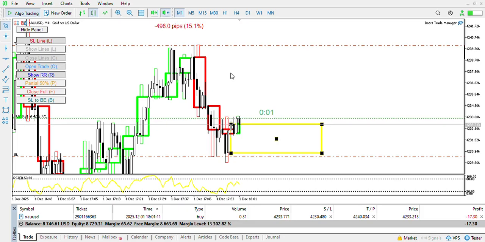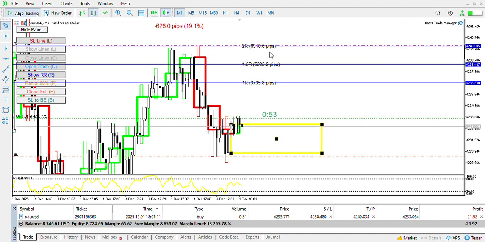I know my system, and normally my system gives me a 1 hour trade. So I'm not bothered by this resistance or anything. I'll just mechanically set my SL, set my TP, and call it a day.